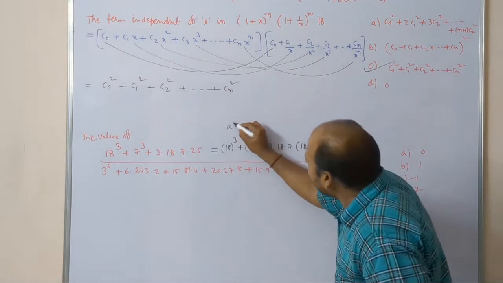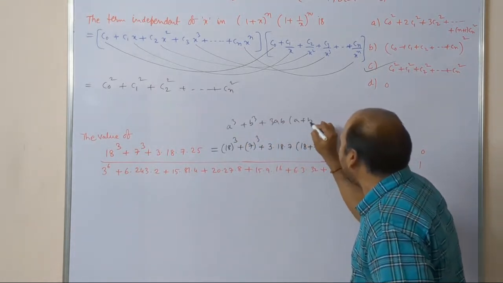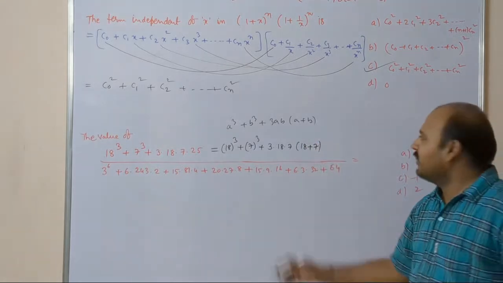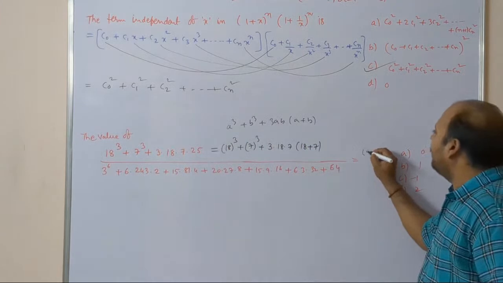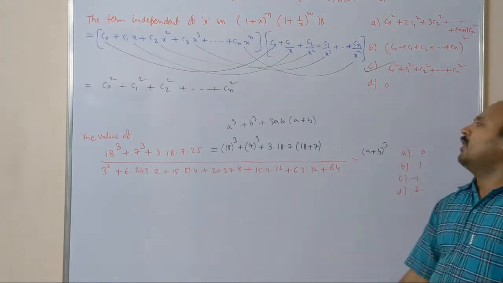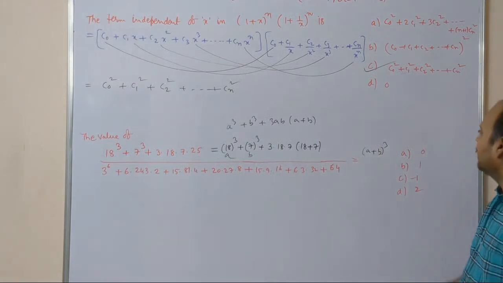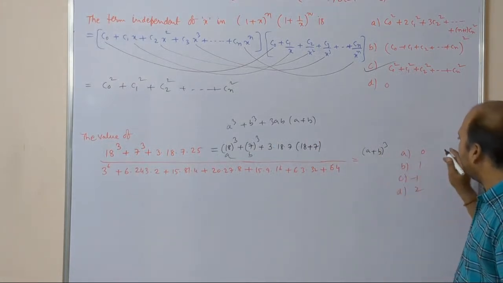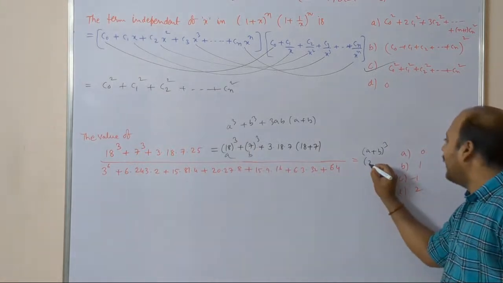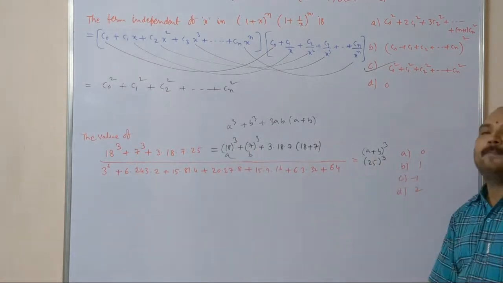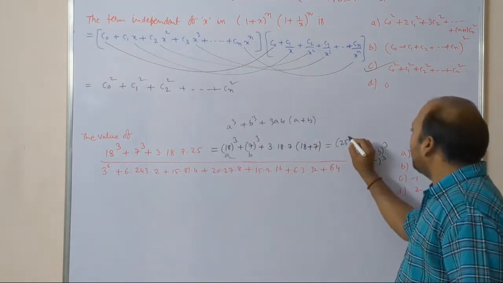It is in the form of a³ + b³ + 3ab(a + b). Am I right? That is (a + b) whole cube, where this is a and this is b. So the numerator value becomes (18 + 7), 25 whole cube.